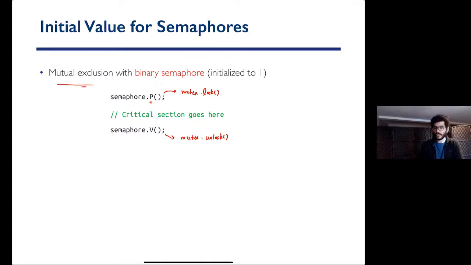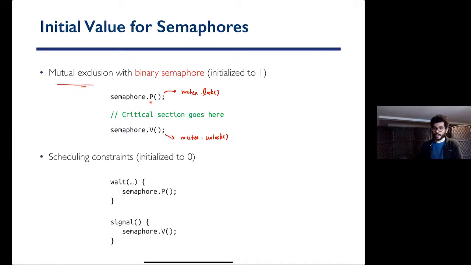Now let's see how we can use it for scheduling constraints, meaning that if we want somebody to wait for a certain event to happen, then we can initialize our semaphore to 0. Then whoever wants to wait for a particular event can just call P. Because it's 0, they're going to wait, right?